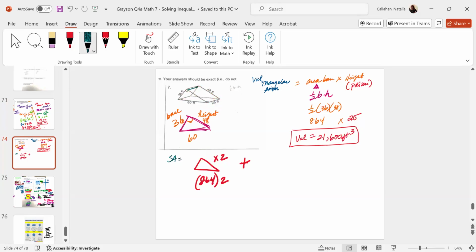Go ahead and take your paper, pencil, outline it. Here's our rectangle. How do you find the area of the rectangle? What are the 2 sides of that rectangle?